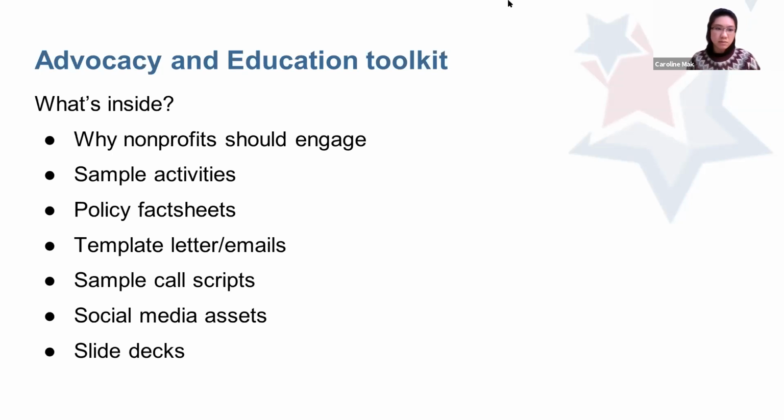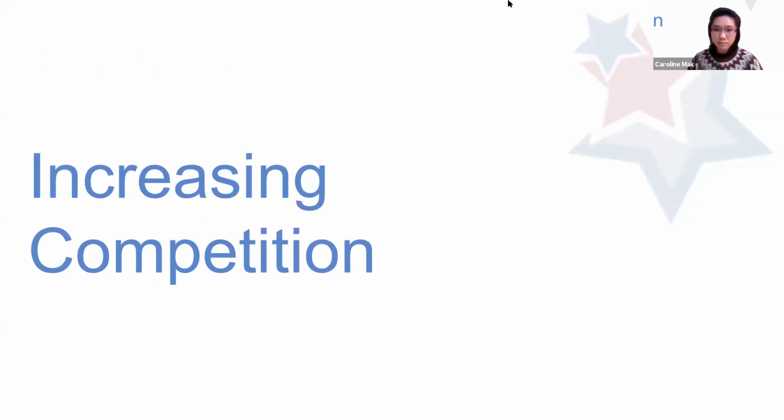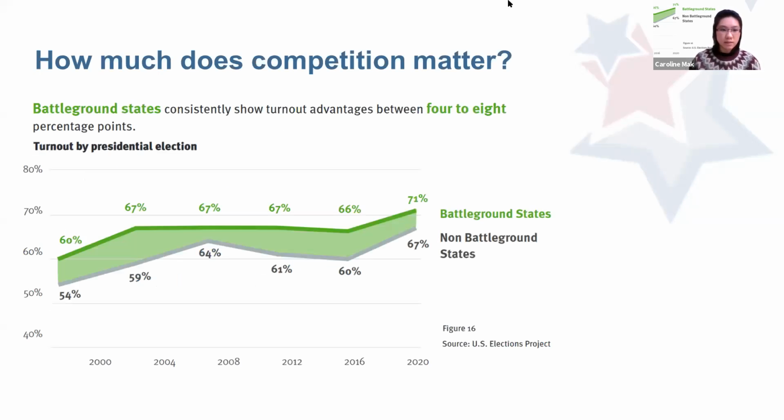So we've talked about some of those policies that involve election administration reform. We also just want to mention quickly that there are ways to increase enthusiasm around voting and voter turnout through competition. Competition has impacts on turnout, and we can see this in the report from the difference between battleground states and non-battleground states.